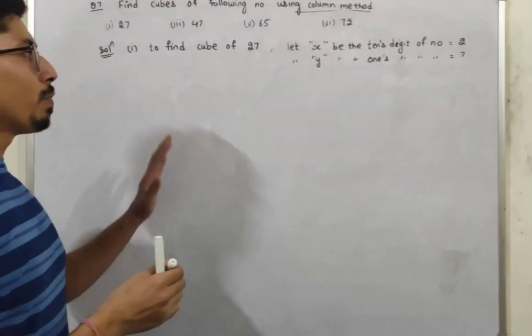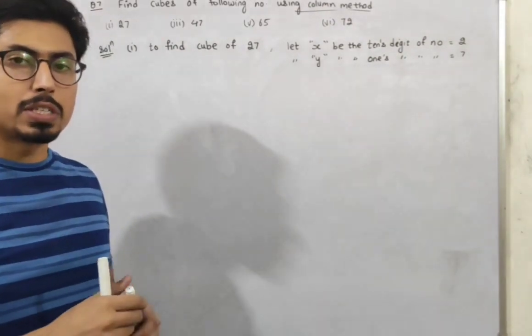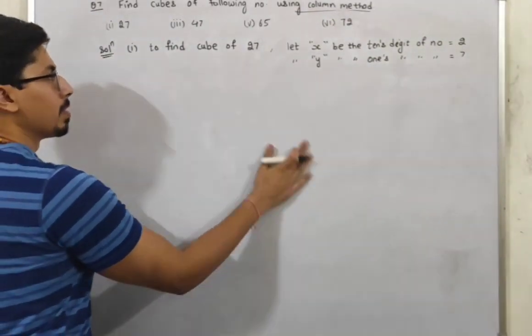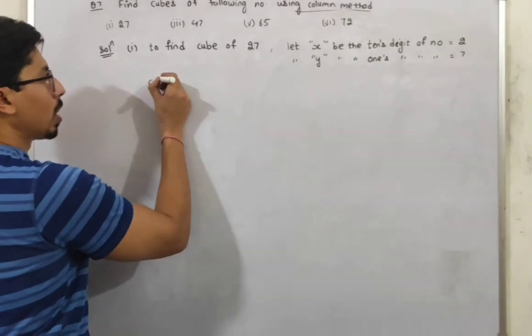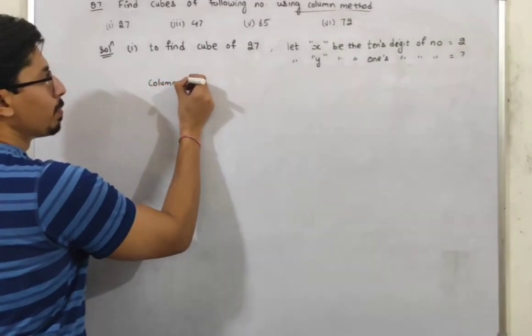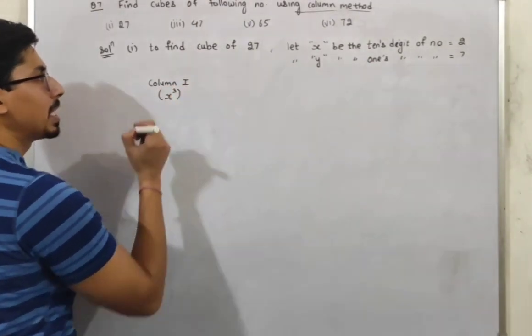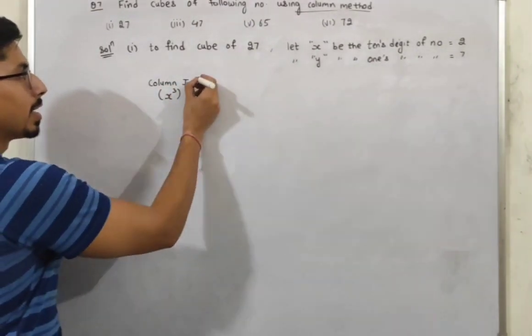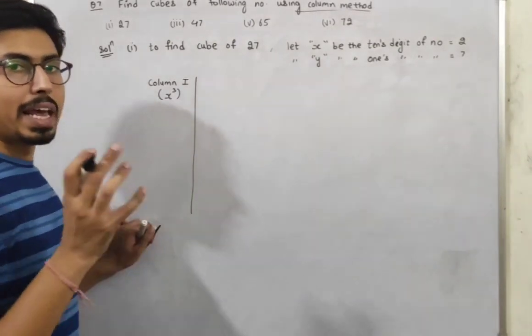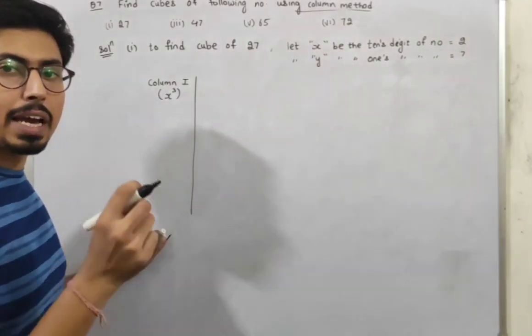Now we have to make 4 columns. The first column contains x cube, students. The second column contains 3x square y.